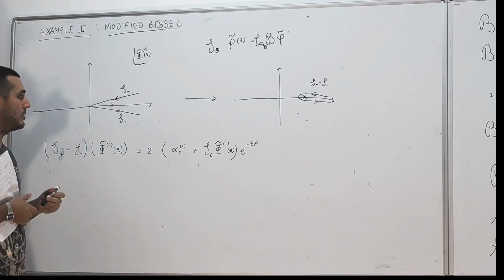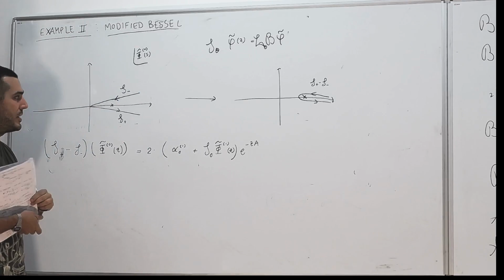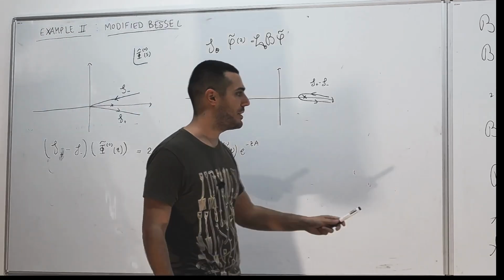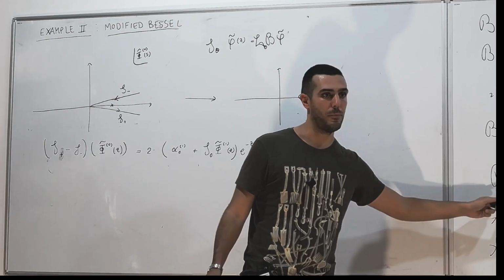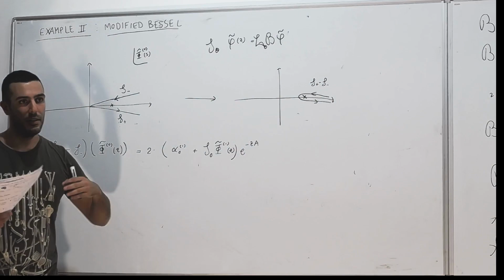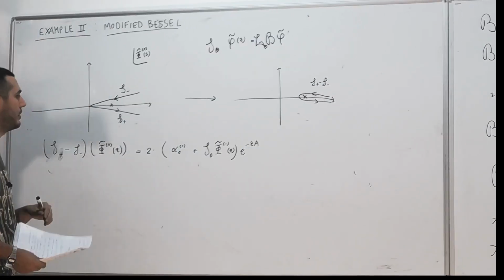For the resummation along 0, along the positive real axis, of the non-perturbative sector, we don't have to worry, because the singularity of the Borel transform of the non-perturbative sector is on the negative real axis. So it does not need to be defined slightly above or below; you can define it on the real axis.